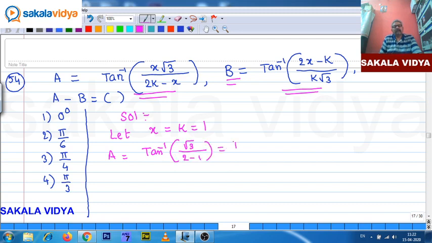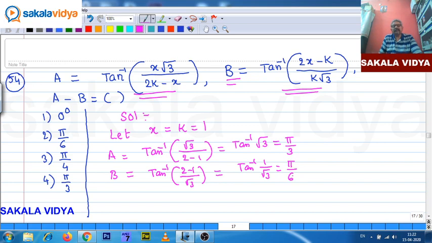This is tan inverse root 3, whose value is equal to 60 degrees, pi by 3. Am I correct? So, now B is equal to tan inverse of 2 minus 1 by root 3. This is tan inverse 1 upon root 3, that is 30 degrees, pi by 6.